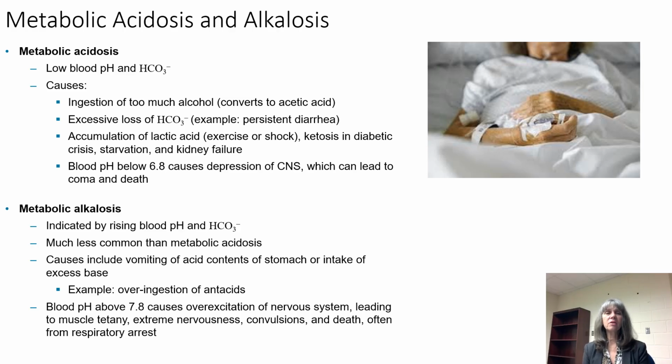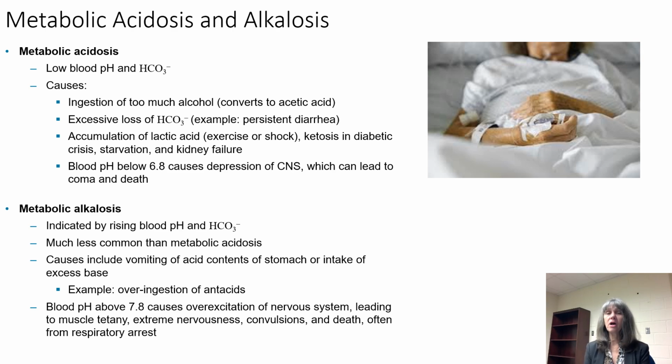So if an individual presents with low levels of blood pH and low levels of bicarbonate molecules, that's metabolic acidosis, which could be caused by a bunch of things, including too much alcohol, which converts to acetic acid.